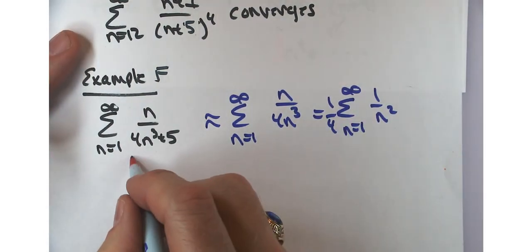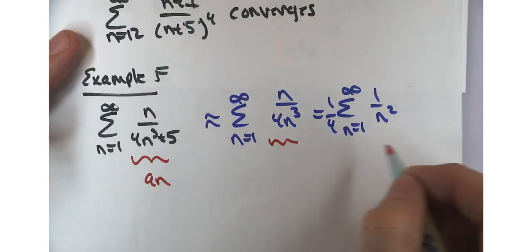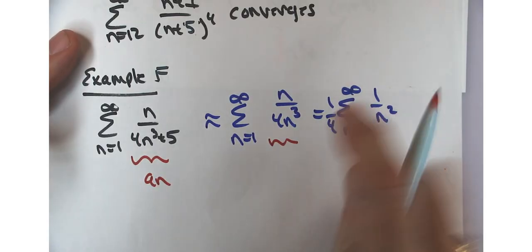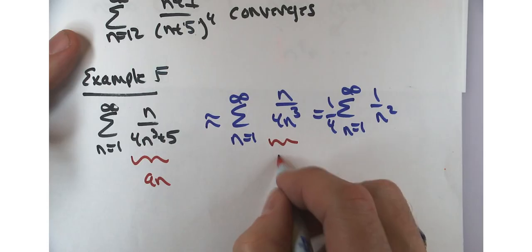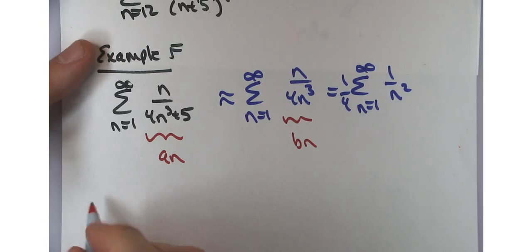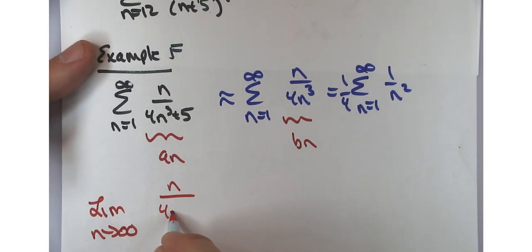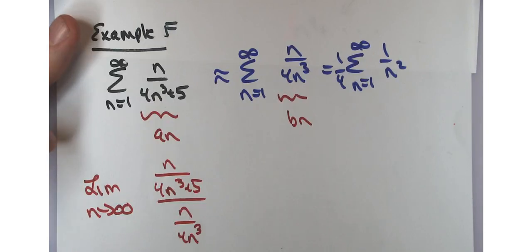So we'll do that. a sub n, and I'll call this our b sub n, but I'm going to simplify it to 1 over 4n squared. So the limit as n approaches infinity of n over 4n cubed plus 5 divided by n over 4n cubed.